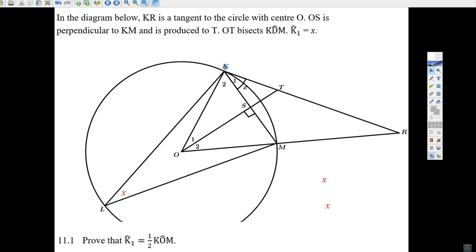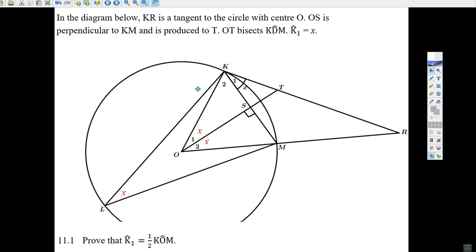Then you can say that the angle KOM is twice as big. It's 2x. And why is it 2x? Because the angle at the center is twice the angle at the circumference. And why do I know that it's half of this?